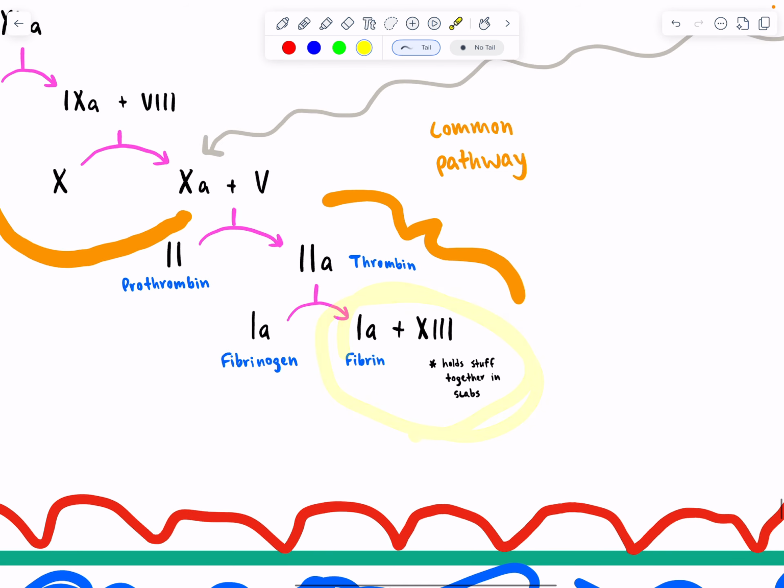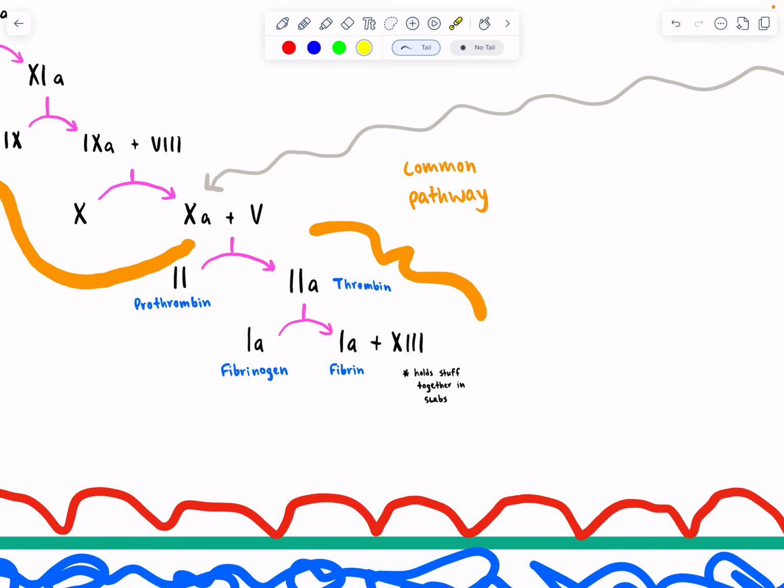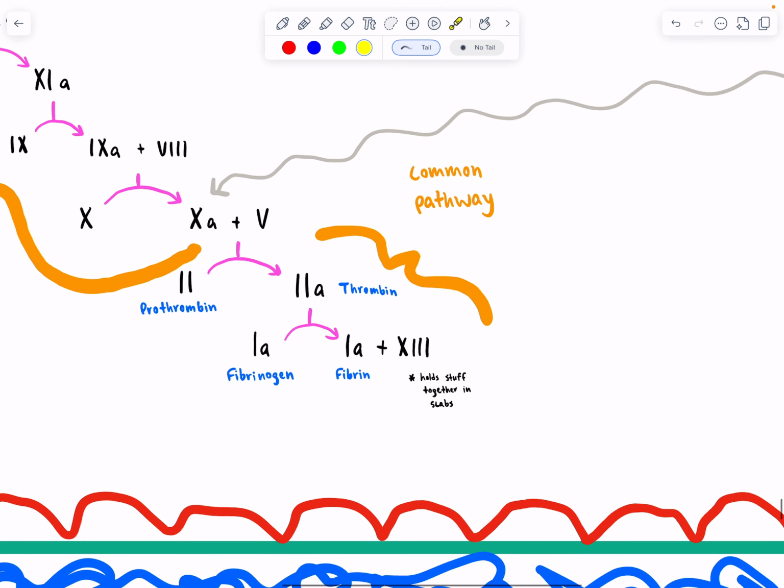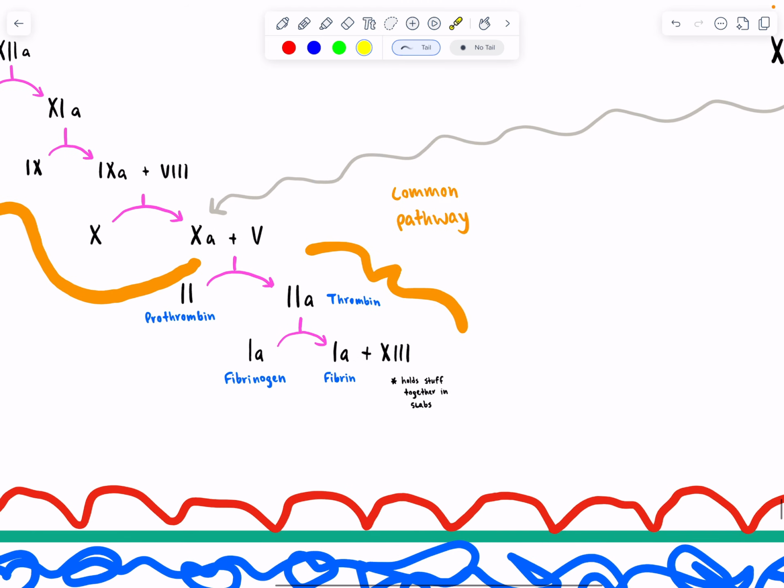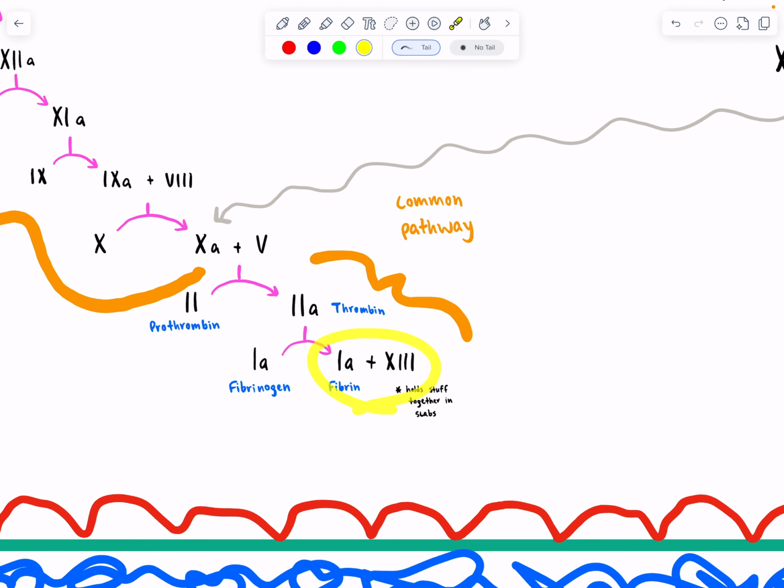Fibrin holds all those platelets. It holds red blood cells. It's basically what holds your scabs together. If you look at a scab, it's kind of wiry, with little strands. That's fibrin. It holds everything together, so the goal is to make that.